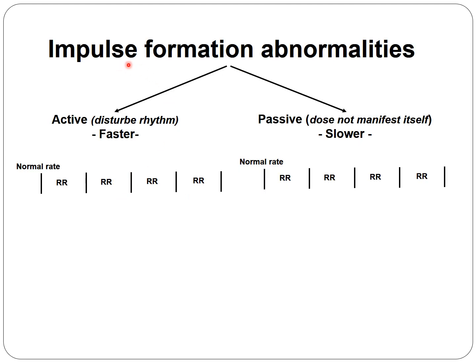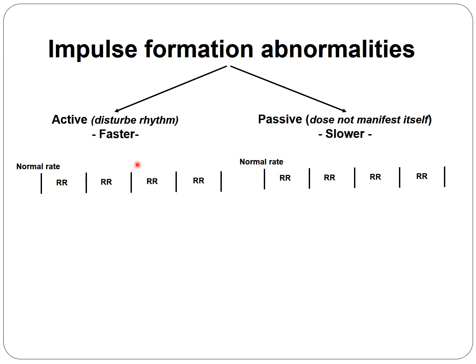When we are talking about impulse formation abnormalities, we can talk about active arrhythmia, when the heart rate becomes faster because somehow the rhythm is disturbed, or passive arrhythmia, when the sinus node somehow doesn't manifest itself and a lower center is going to beat, and that makes the heart rate slower.